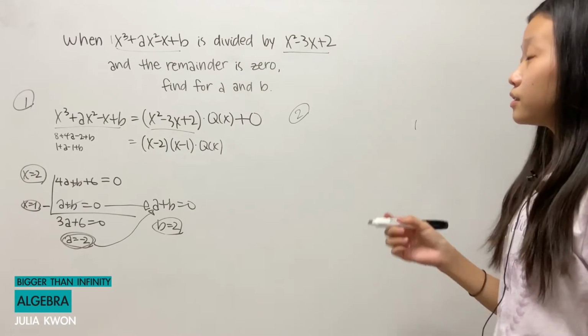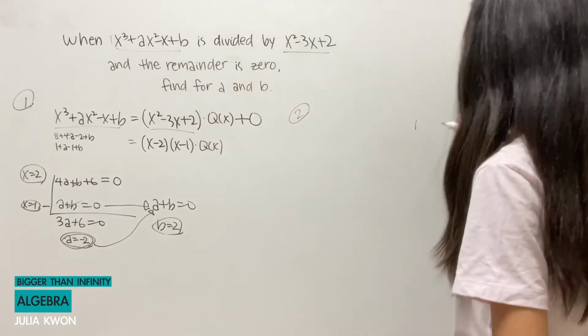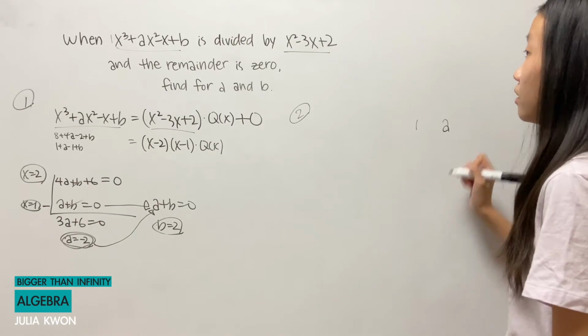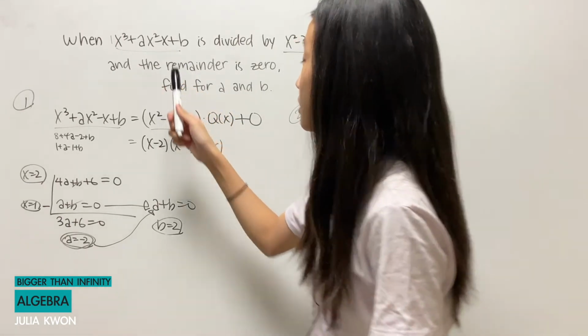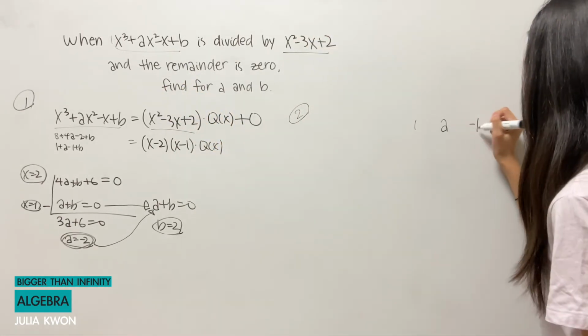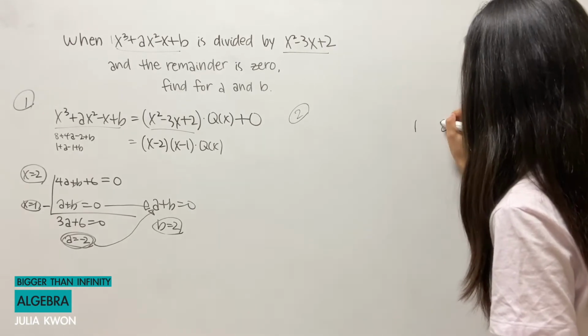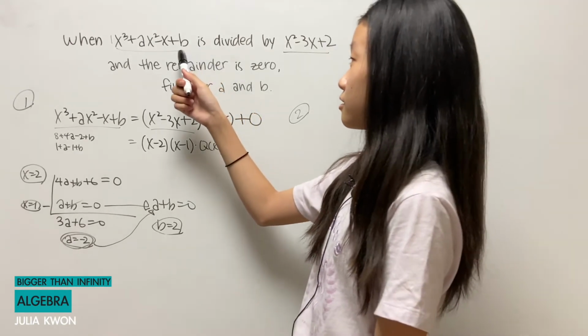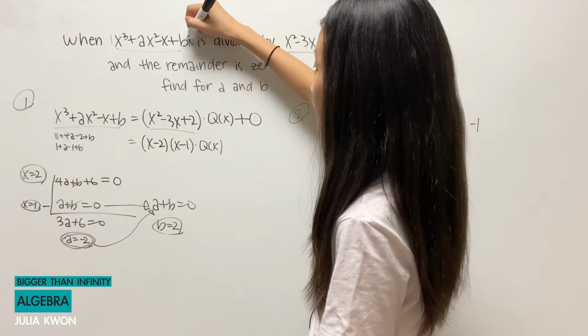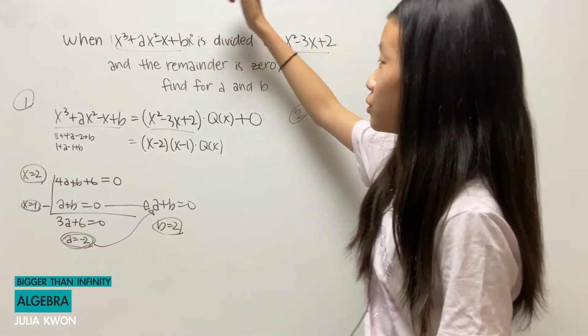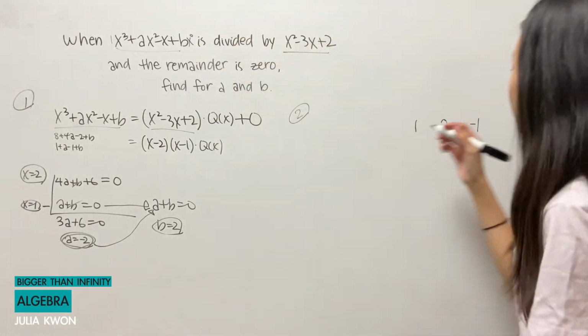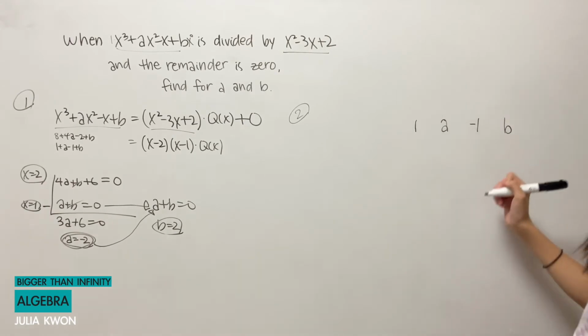And the constant for x squared is a. The constant for x is minus 1. And we are left with x to the power of 0, right? x to the power of 0 is just 1, so the constant will be b.